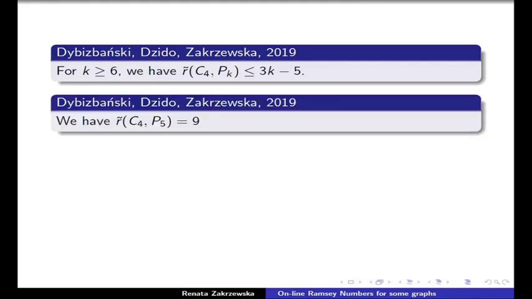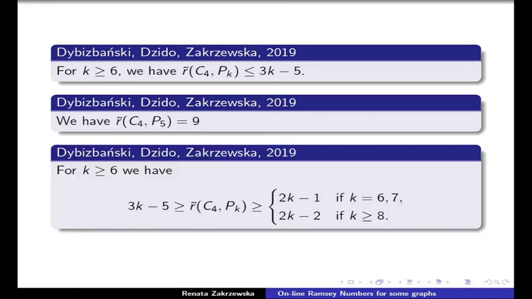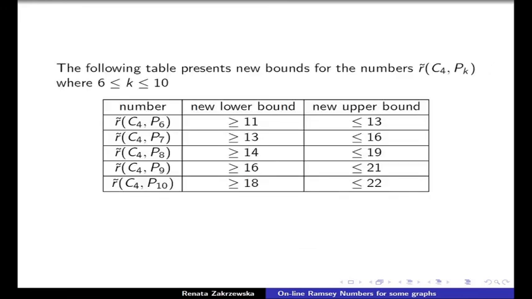We also proved that the online Ramsey number of C4, P5 is equal to 9, and that this chain of inequalities holds. From this, on this table, we have new bounds for the number C4, Pk, where k is between 6 and 10.